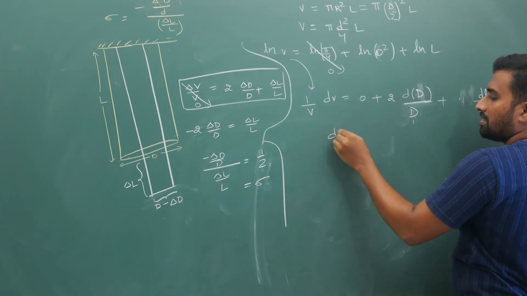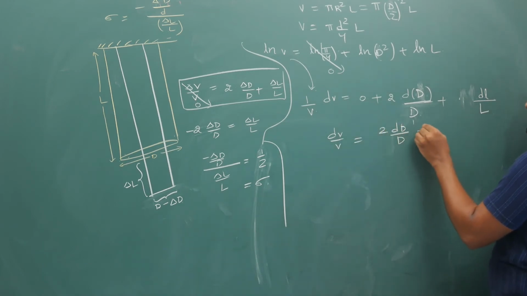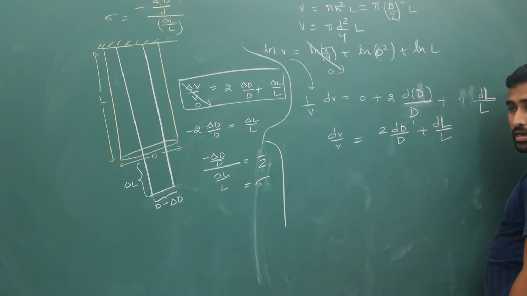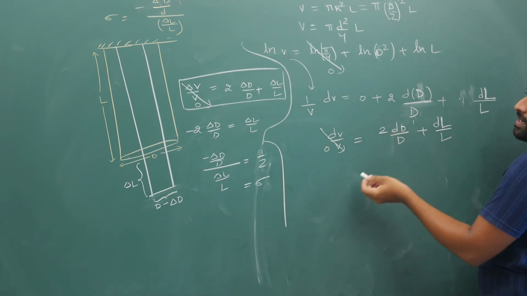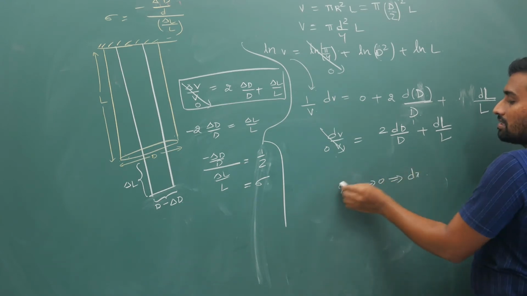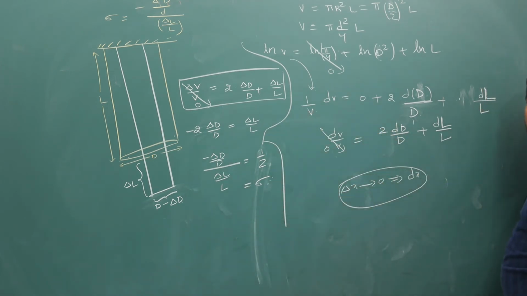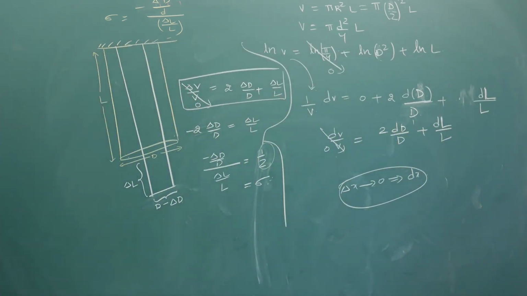So dV by V is equal to 2 times the derivative of diameter by D plus the derivative of length with respect to original length. Now rearrange these terms. Once again, delta or d doesn't matter; when delta x is tending to 0, it becomes dx. Here all these expansions are small, so this will become delta d. Once again you will land up with your Poisson's ratio sigma value to be 1 by 2. So like this, for a general figure when volume is constant, we can calculate the Poisson's ratio.